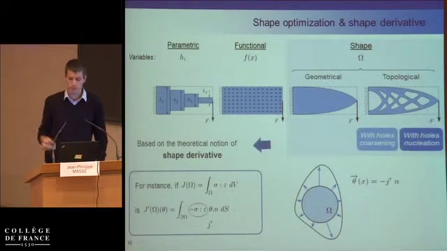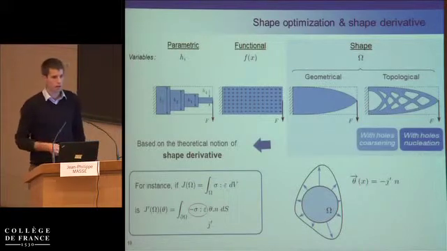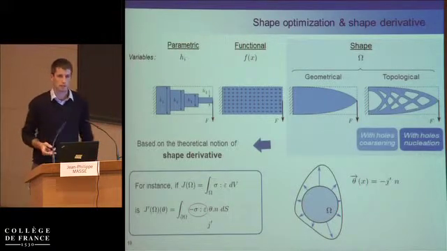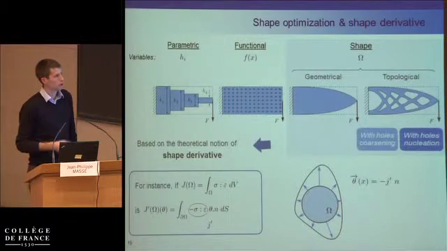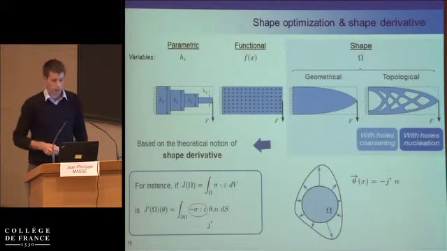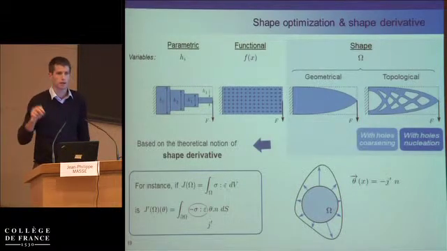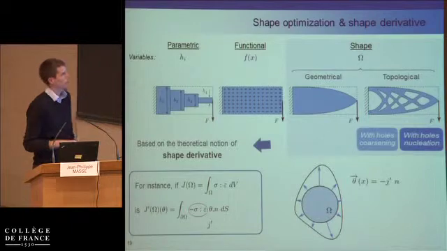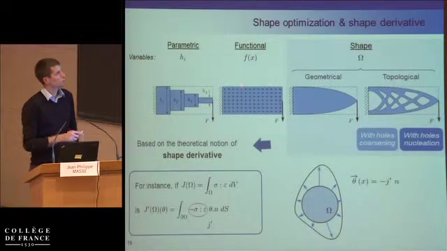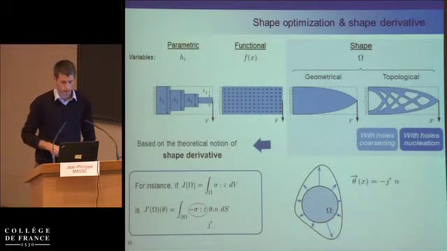So in shape optimization, we have a lot of different discretizations of our geometry, how we discretize it. We can do parametric optimization. That means that we define a few parameters to describe the geometry. That's pretty simple. We have functional discretization.